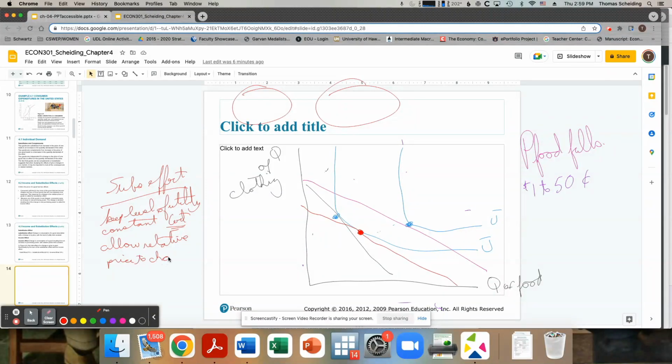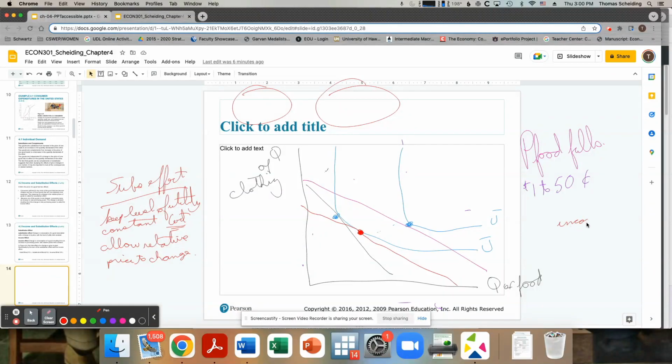How did we do those two things? Again, to repeat myself, level of utility constant, we kept that true by being on the original indifference curve. How did we allow the relative prices to change? Because we're now on a line that's exactly parallel, meaning it has the same slope as that new budget constraint slope line. So that's a substitution effect.